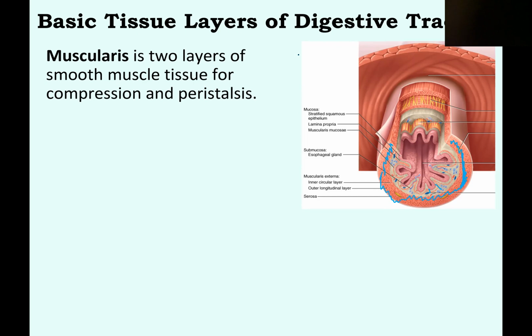So one of the layers is going to be going across or transverse. The other layer, which is more superficial, is going to run the length of the organ. So that's how you have compression and peristalsis.